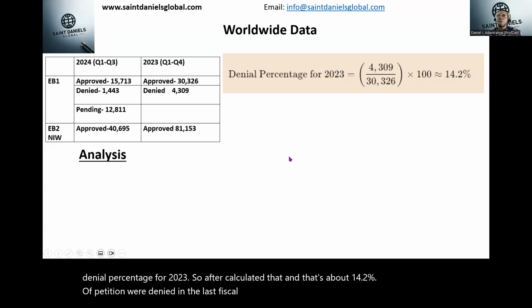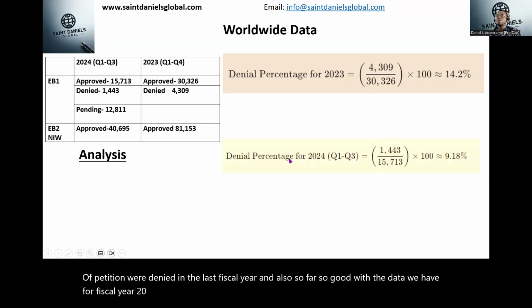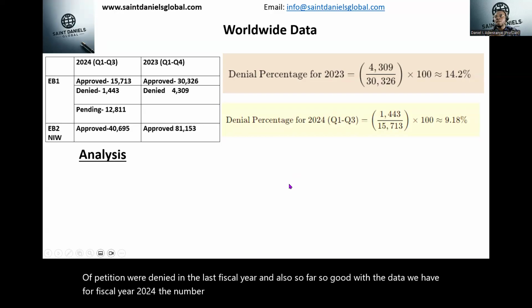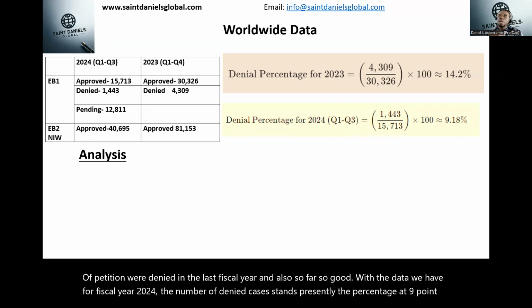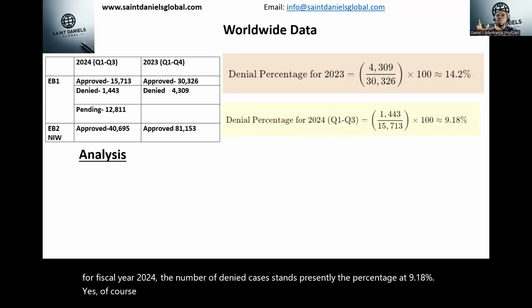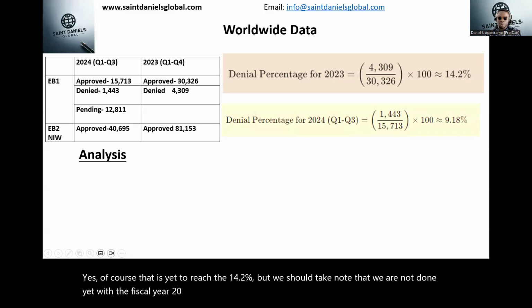And also, so far with the data we have for fiscal year 2024, the number of denied cases stands presently at a percentage of 9.18%. Yes, of course, that is yet to reach the 14.2%, but we should take note that we are not done yet with fiscal year 2024.